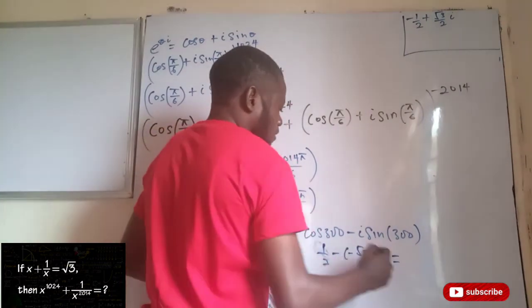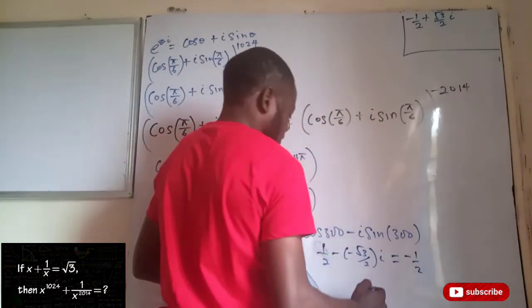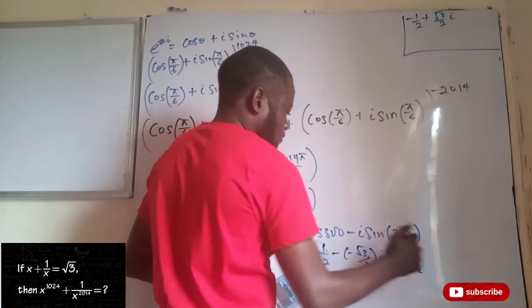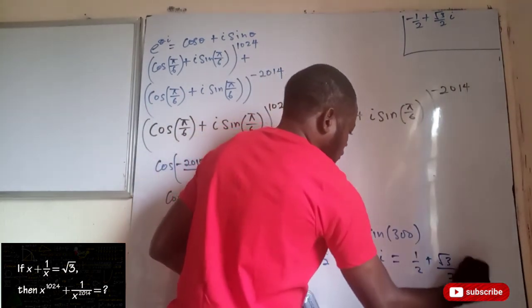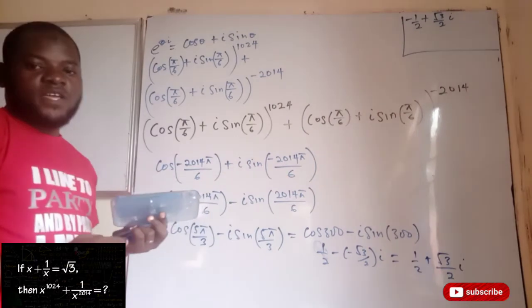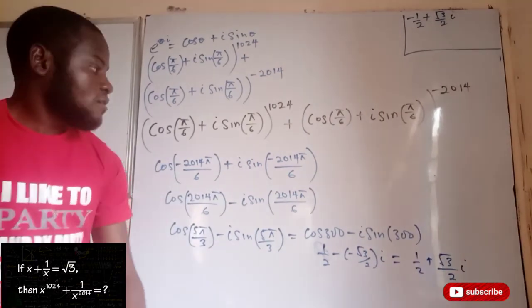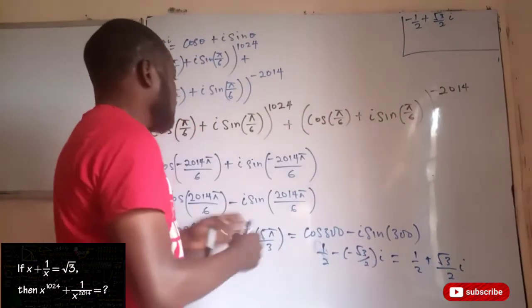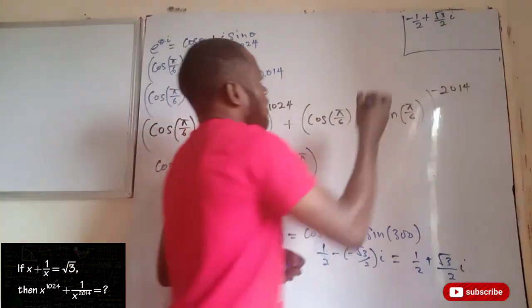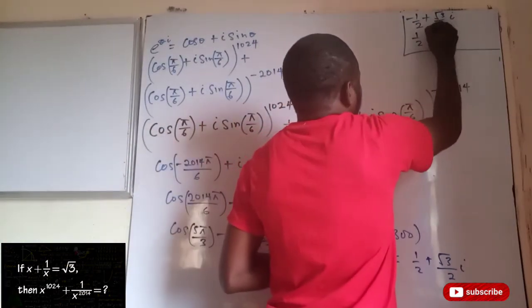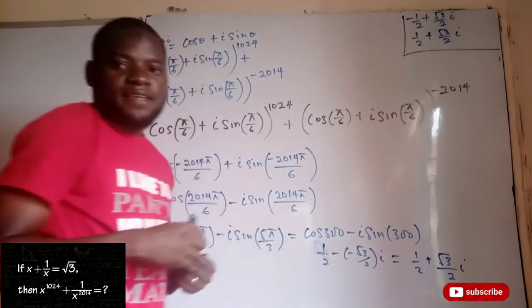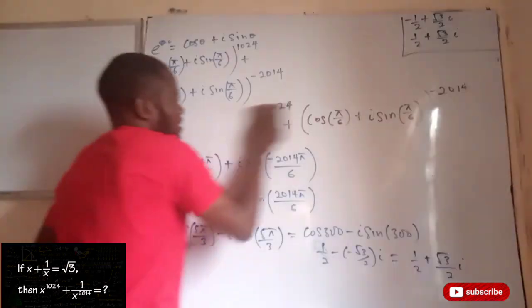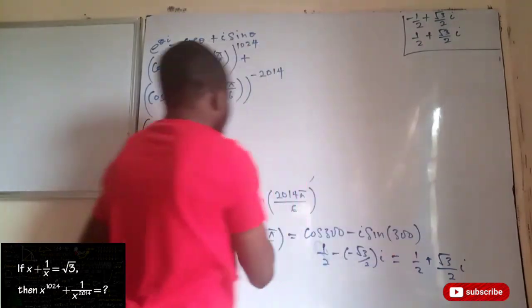Hence, this will become positive 1 over 2 plus root 3 over 2 i. So do we get that now? Hence, we have the second part of this question to be 1 over 2 plus root 3 over 2 i. Hence, our result now can be determined.